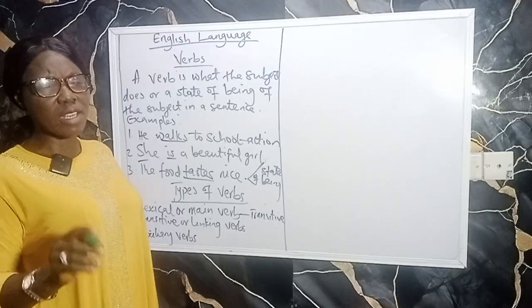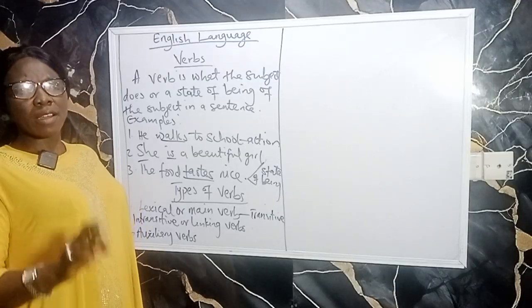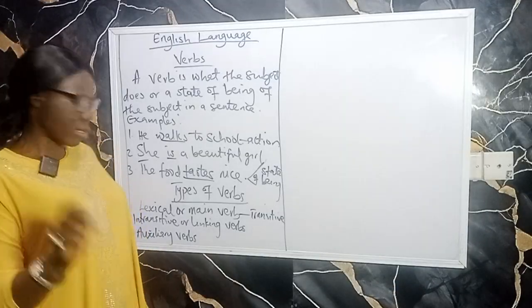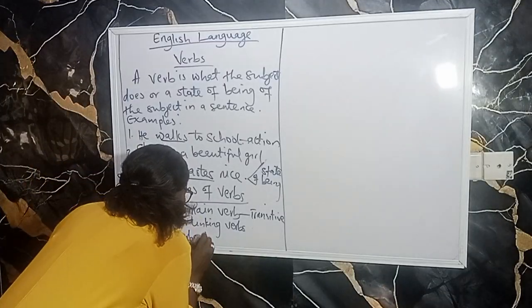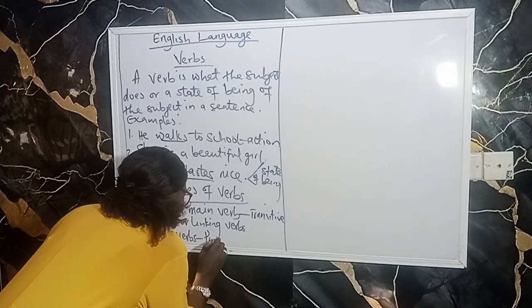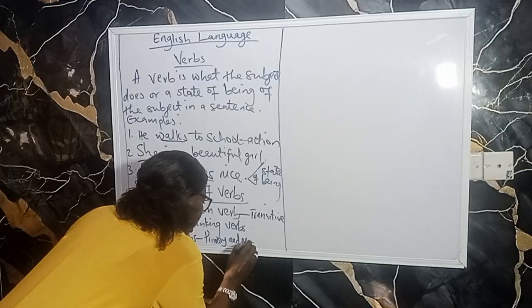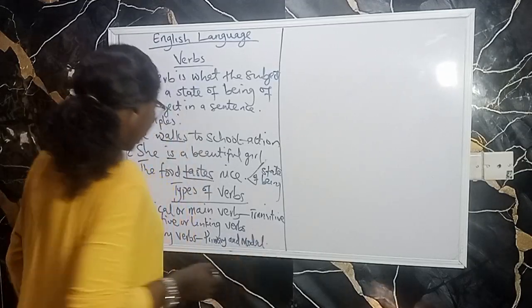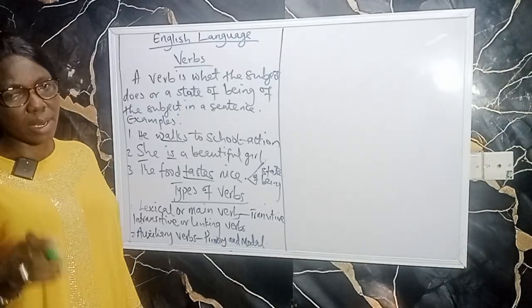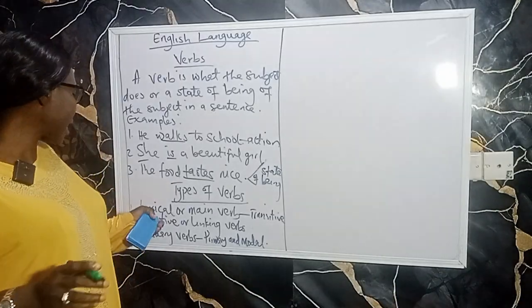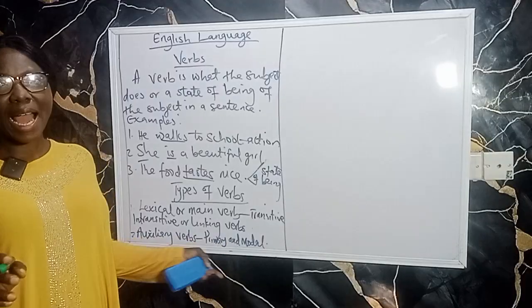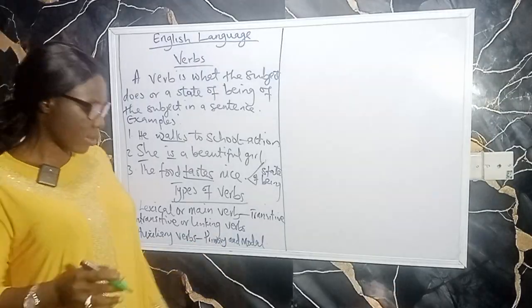Under auxiliary verbs, we have primary and modal auxiliaries. But today we want to look at transitive and intransitive verbs.